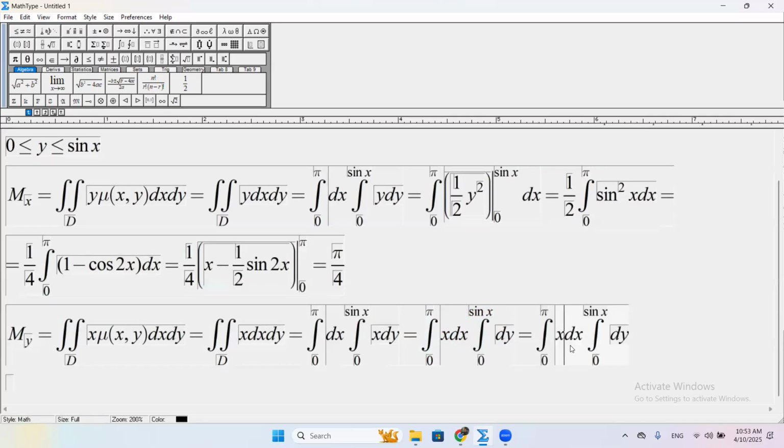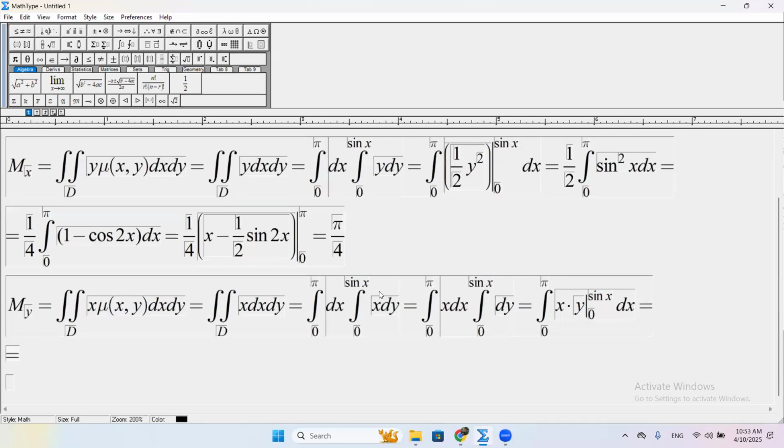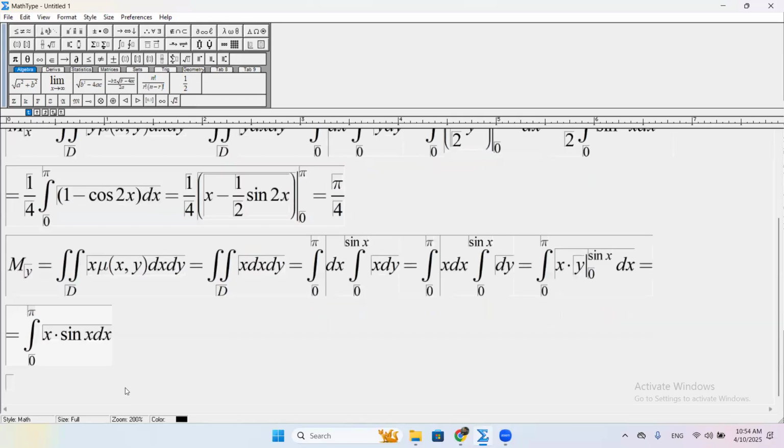Yeah, so let's not skip details. So y with the substitutions from 0 to sine of x.